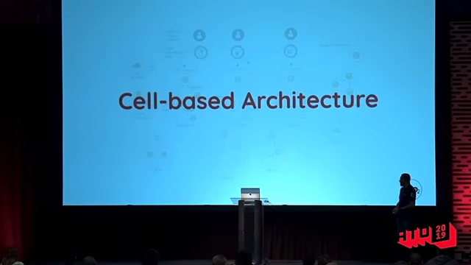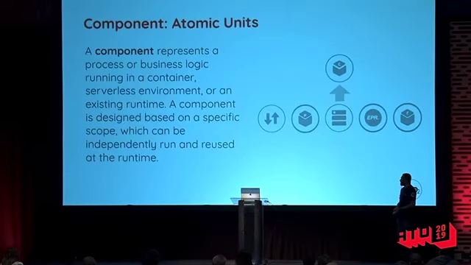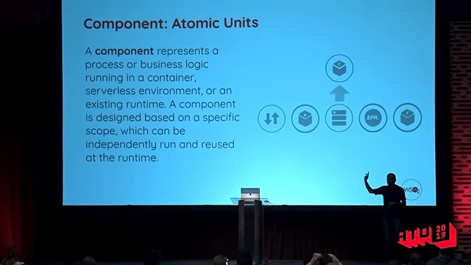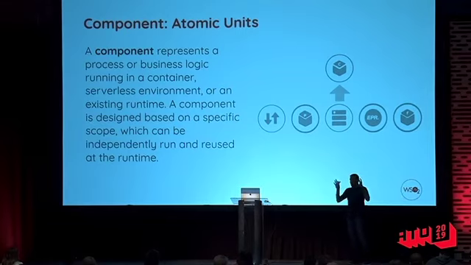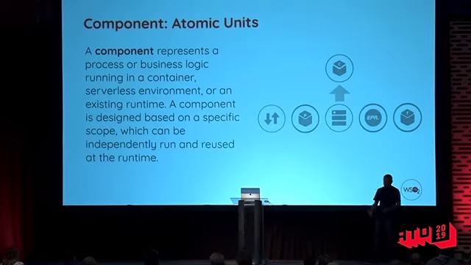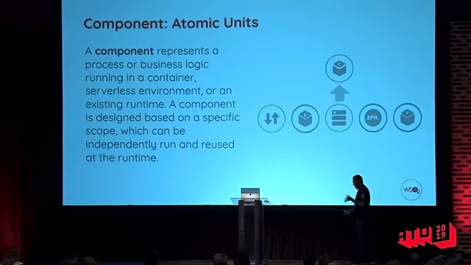So if you go into the concept, the atomic unit in this architecture pattern, we call it a component. A component can be anything, like any runtime that you run in your data center or in a cloud infrastructure. So it can be a service, a microservice, a gateway, a database, message broker, identity server, whatever you run in your infrastructure, we call it a component.